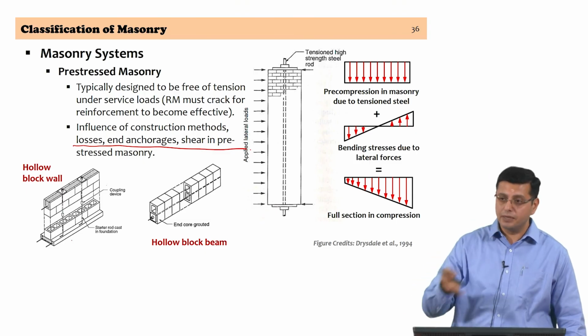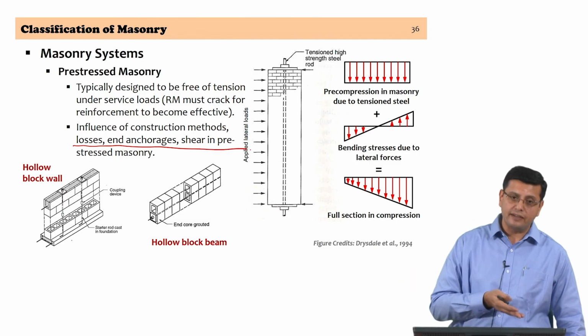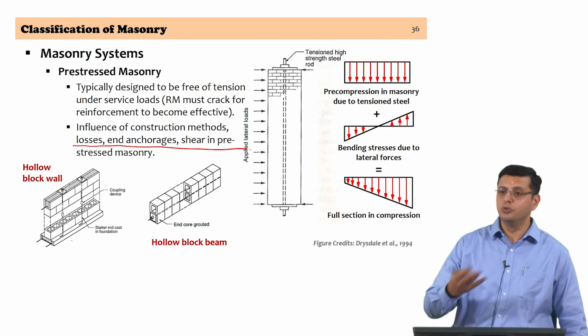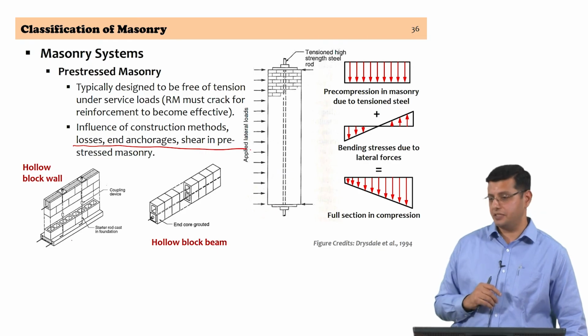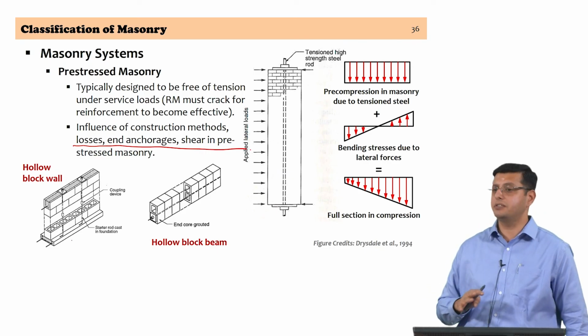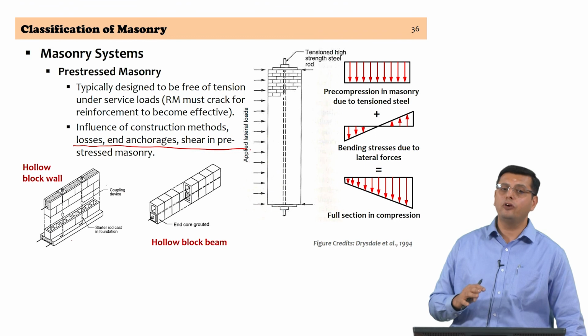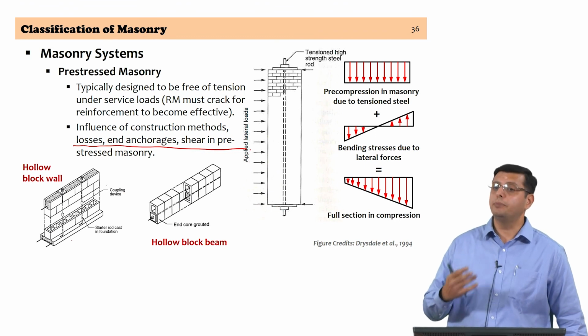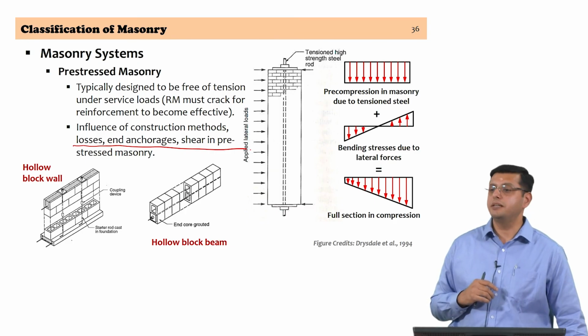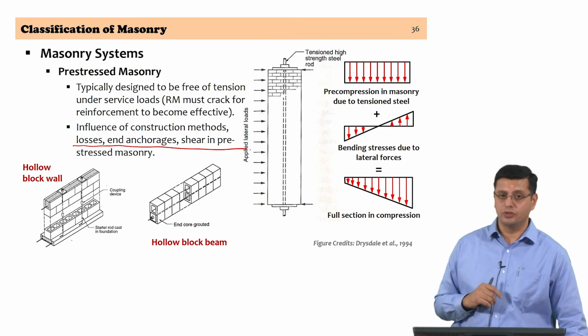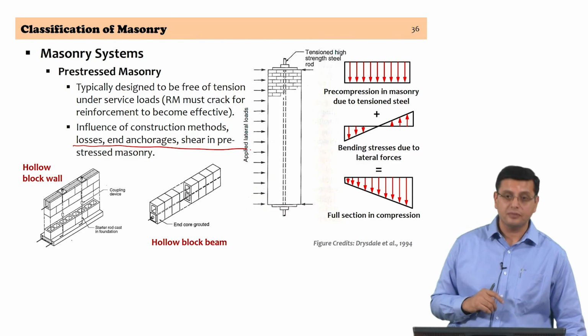So, it is a very cumbersome process of construction, and then finally because of these issues you lose the pre-stress faster than you would do in reinforced concrete. You do not have a very efficient system. So, as a new construction typology, this is really not taken off, but for improving the performance of existing systems, the prestressed masonry is a useful system. Okay, I will stop here.